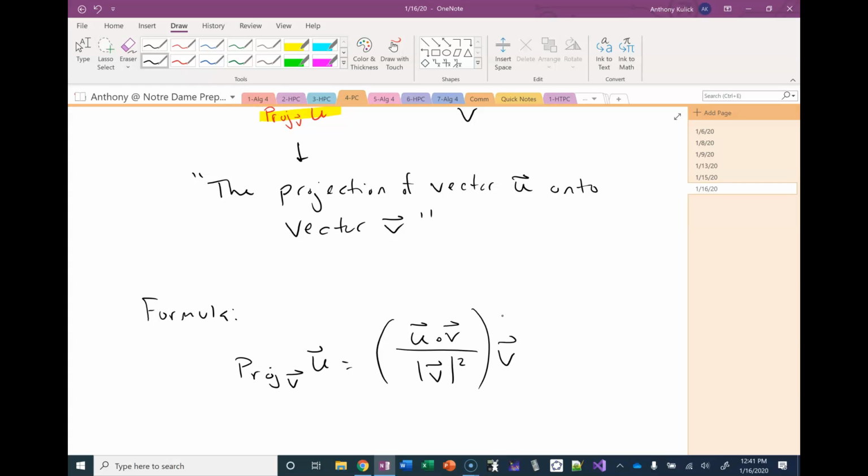It's the dot product of u and v divided by the magnitude of v squared. And all of that's just a scalar, right? The dot product gives me a scalar, a single real number. A magnitude is just a single real number. So I have real number over real number. That's a scalar. And then I'll scalar multiply that to vector v.